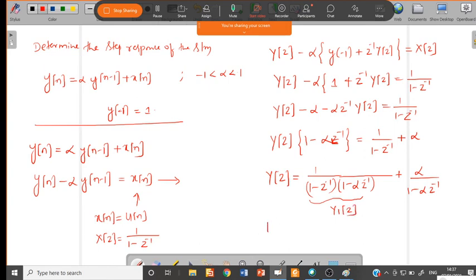Okay, find out the value of k1, which is equal to 1 minus z inverse into y1 of z, evaluated at z equal to 1. So what you will get? So you will get 1 over 1 minus alpha into z inverse, which is at z equal to 1. So you will get it as 1 over 1 minus alpha.